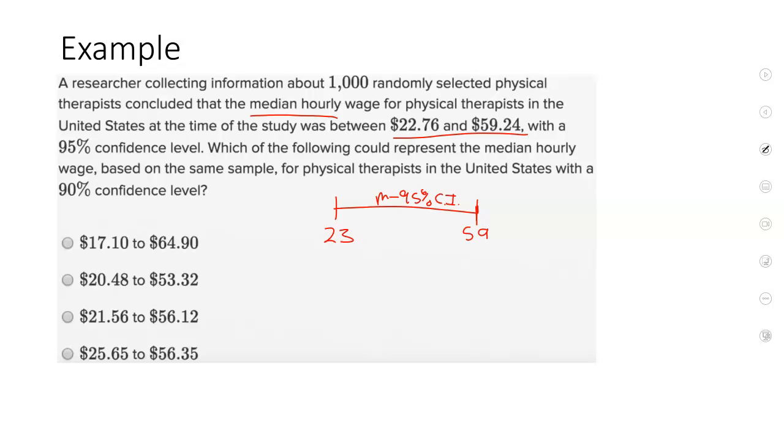So let's look at what these data points do. Again, I'm going to round these numbers to make my life easier. $17 to $65. That's one interval. Next one is $20 to $53.